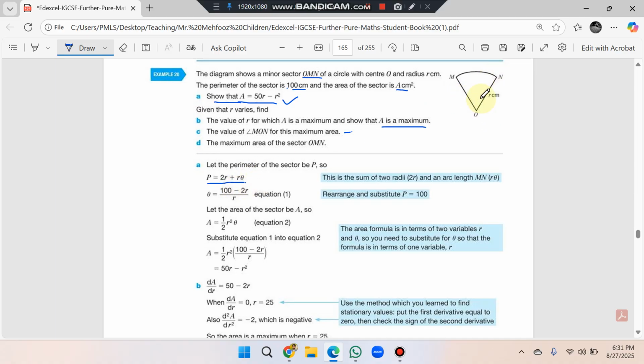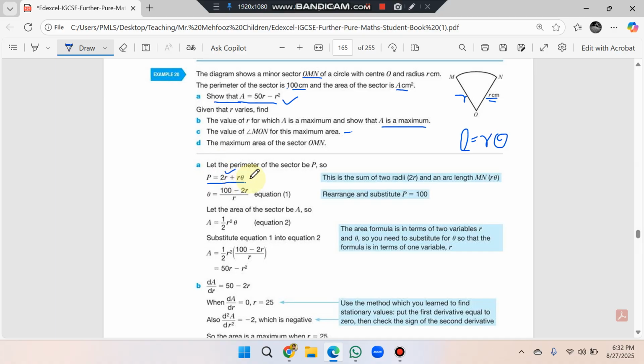Because the perimeter is basically the length of OM plus MN plus NO. These two are radii, so their lengths equal 2r, and MN is basically the arc. We have seen that the arc length is equal to r theta, so we can write L equals r theta. So the perimeter becomes 2r plus r theta. Do you understand?